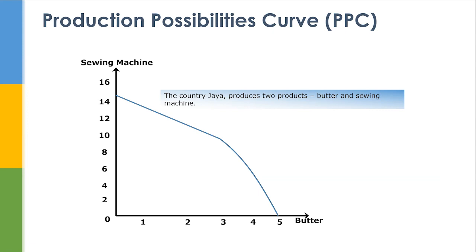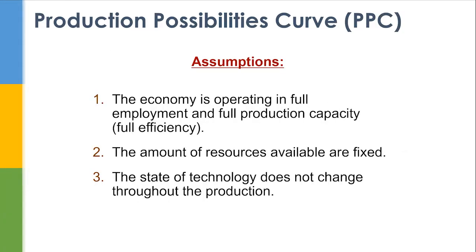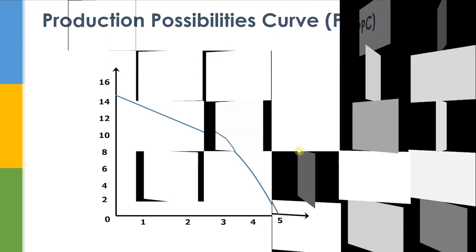So kat sini ada dua produk, which is sewing machine and butter, and you have to remember that kita they use the full production, maksudnya using all these assumptions maksudnya resource available are fixed, economy operating full system, maksudnya full employment, semua orang bekerja, jadi semua bergerak sekali lah macam tu. And then teknologi tak berubah.